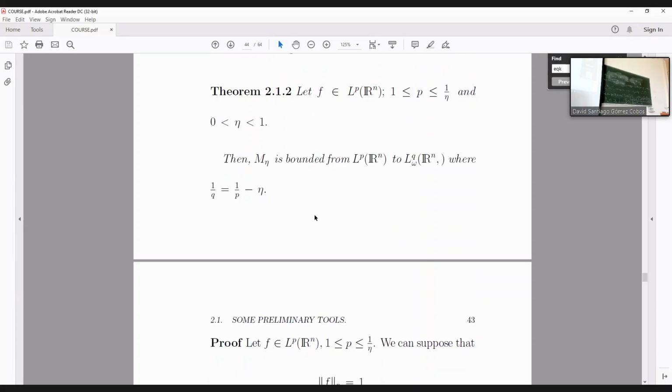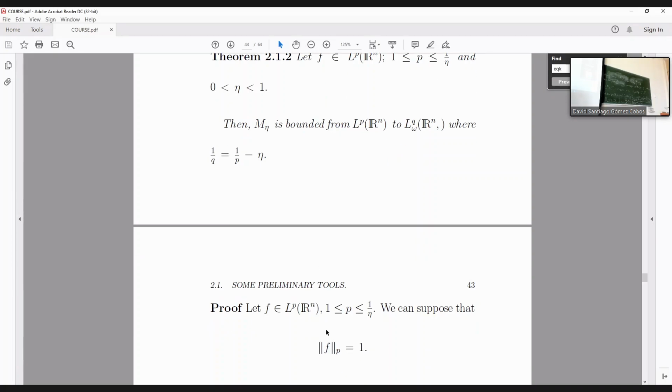So we have to start the proof. The assumption is that f is in Lp, p between 1 and 1 over eta. So without any restriction, because f is in Lp, the norm in Lp is finite. We can consider a normalization, supposing for simplicity that this quantity is equal to 1.